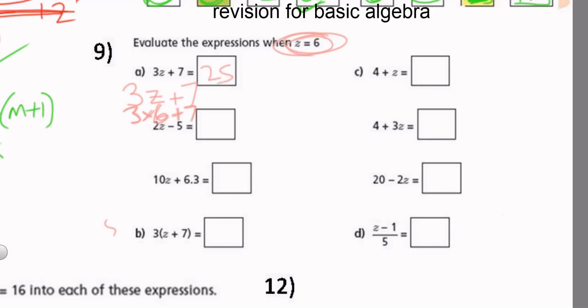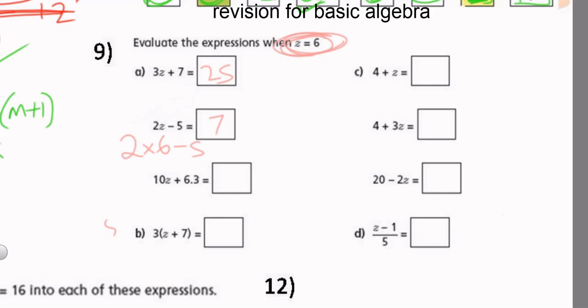Let's do question B. You have 2 times, replace the z with 6 again, then take away 5. Right then, 2 times 6 is 12, 12 take away 5 is 7.